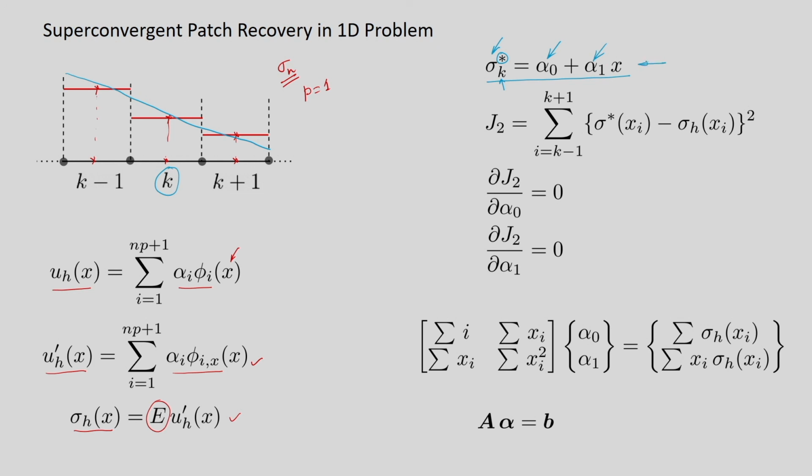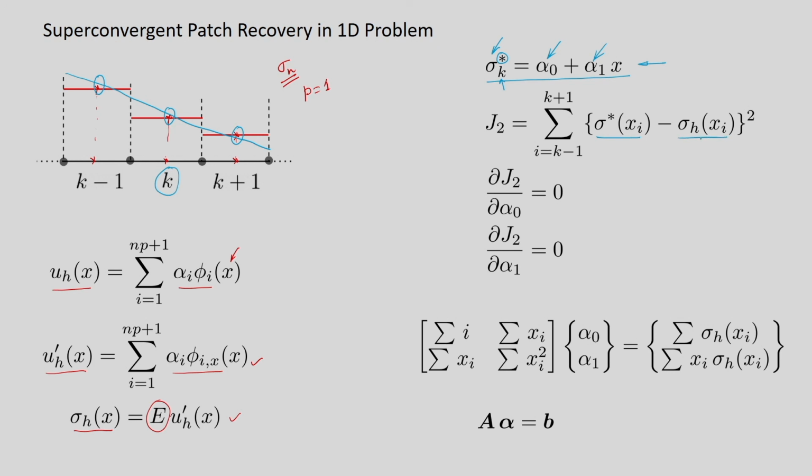Now, once we define how this stress should vary in this patch, then what we have to do? We have to minimize the error between this straight line and the data points available. Here there are 3 data points available. So, we have to find the difference between these stresses. One is the recovered stress, another one is the finite element stress.